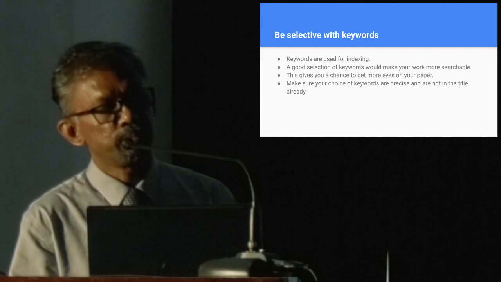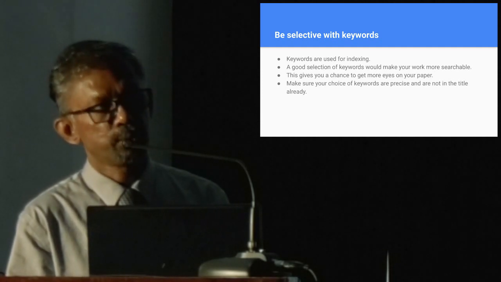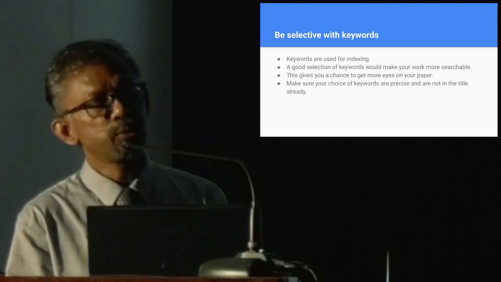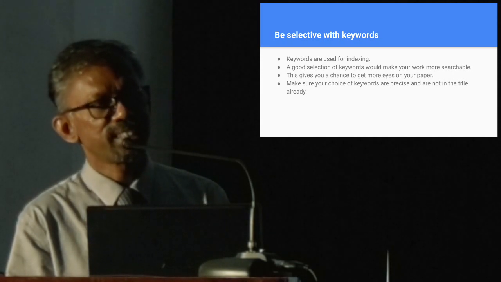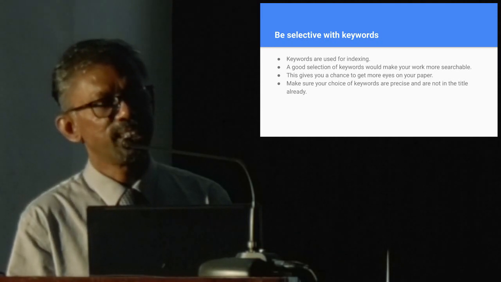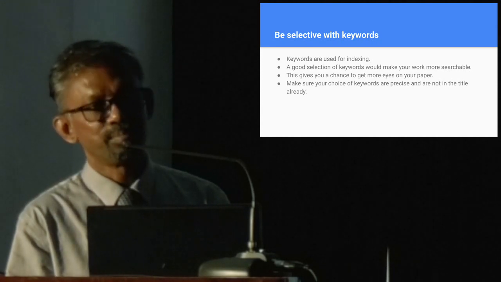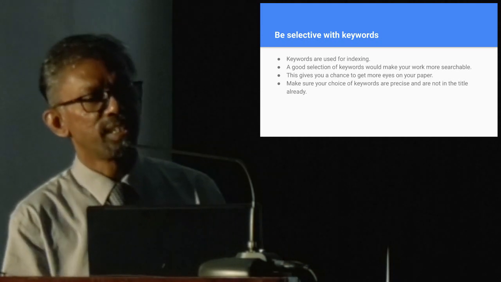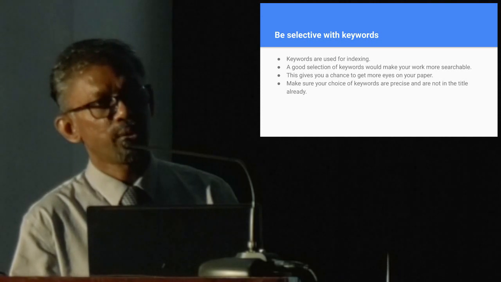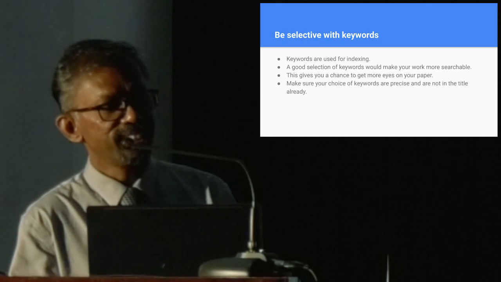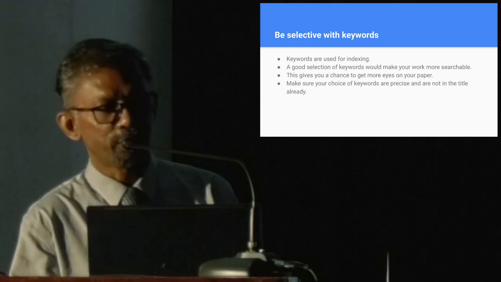So therefore, we should use a good set of keywords, and we have to make sure that we do not use as keywords terms that appear in the conference title or the journal title, because suppose we have an international conference on software engineering and we write a paper in the area of software engineering, it wouldn't make sense to put software engineering as a keyword.